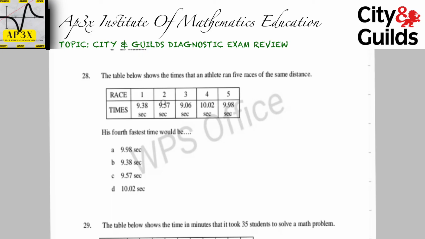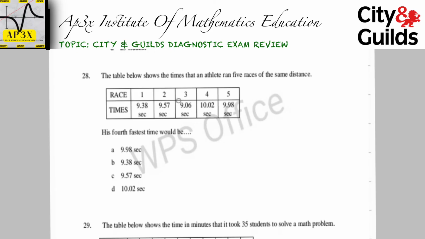The second time he ran is 9.57. Okay, so he ran pretty fast, got a little slower, ran faster, ran slower, and was average out here at about 9.98. His 4th fastest time would be, well, it's just a matter of organizing these in order.